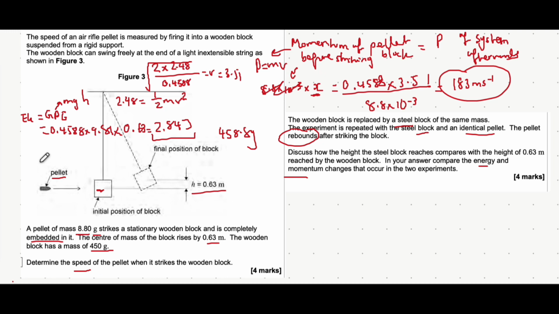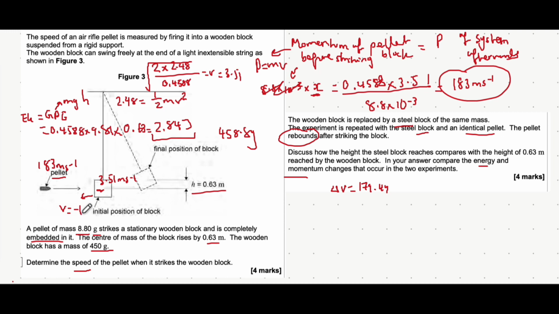If the pellet comes in with 183 meters per second into this wooden block, and then after it combines with this wooden block, it moves off with 3.51 meters per second, what do we know the change in velocity is? Well, it's the change between 183 and 3.51. That's 179.49 meters per second. If, however, the pellet comes in with 183, but then it rebounds, let's say with a speed of, I don't know, but here's the thing, the velocity is going to be negative wherever it is.